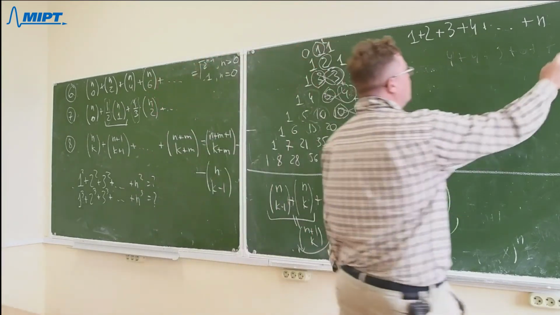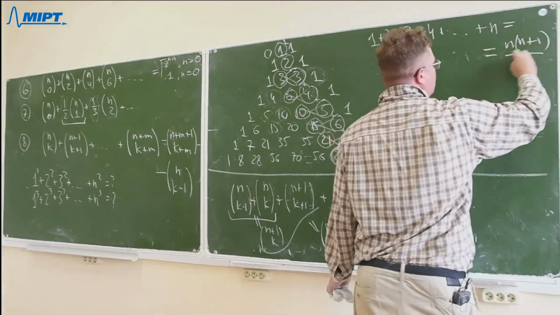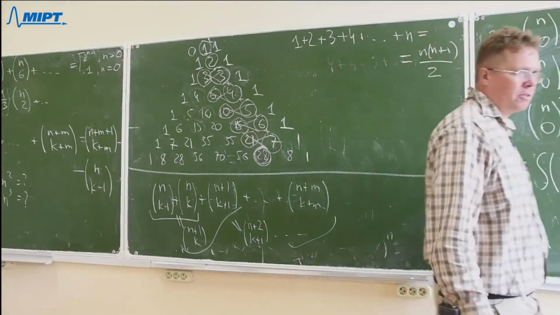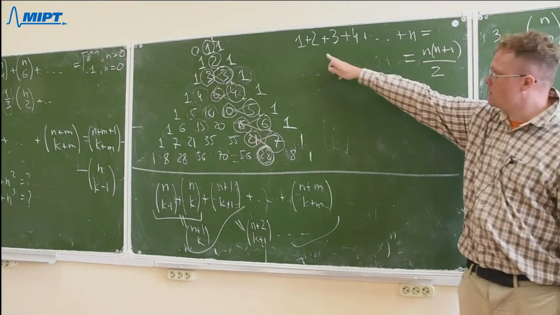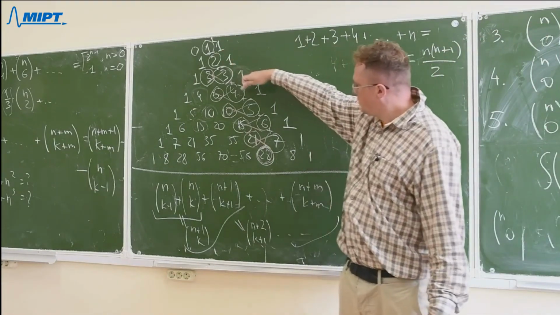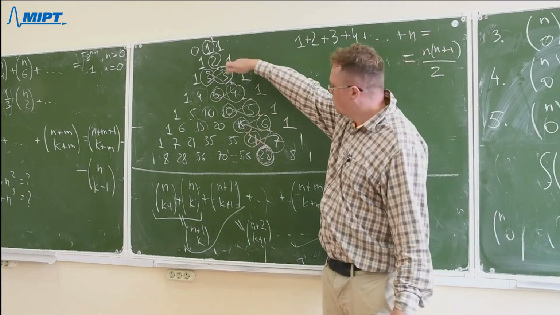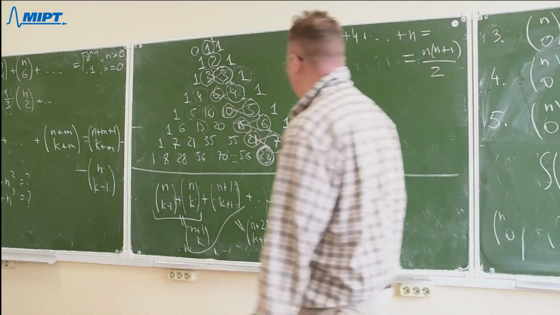So I just proved the formula for the sum of the first n natural numbers, because this natural number is nothing else but a binomial coefficient on the diagonal of the Pascal triangle.